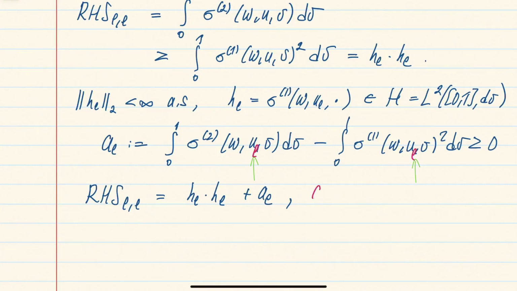And we can see that this A_L is some function, let's call it G, of W and U_L.